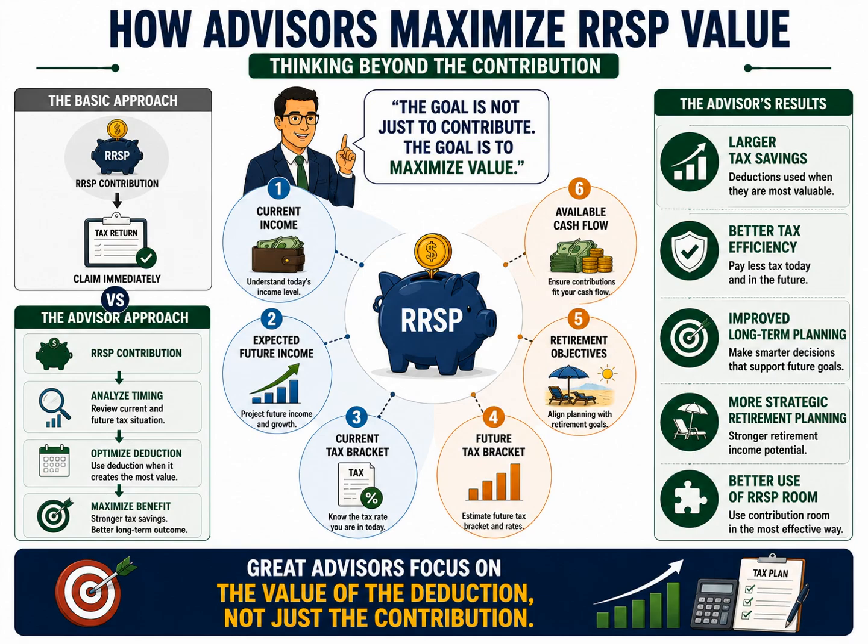Great advisors focus on the value of the deduction, not just the contribution. Anyone can make an RRSP contribution, but professional planning involves determining how to use that contribution in the most effective way possible. That is what separates strategic tax planning from simply filling out a tax return. And that is why RRSP planning remains one of the most powerful tools available to owner-managers and their advisors.